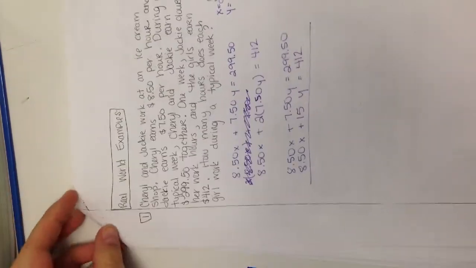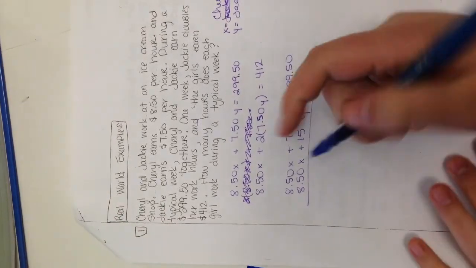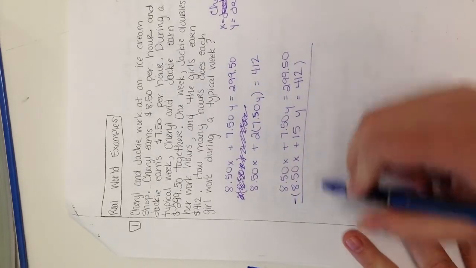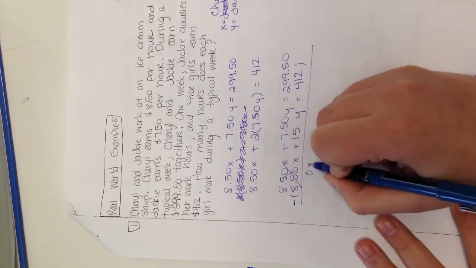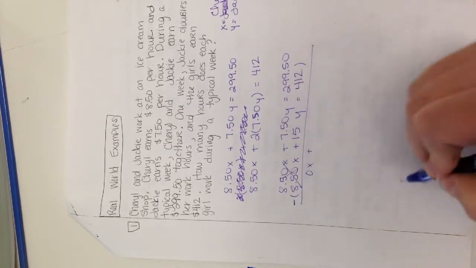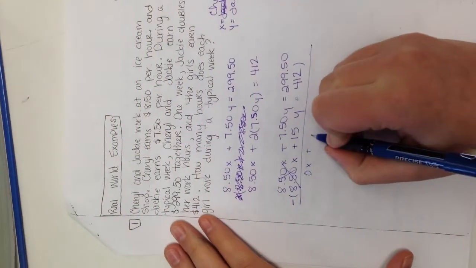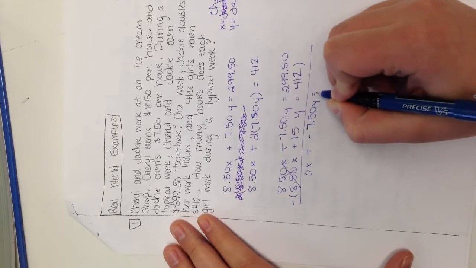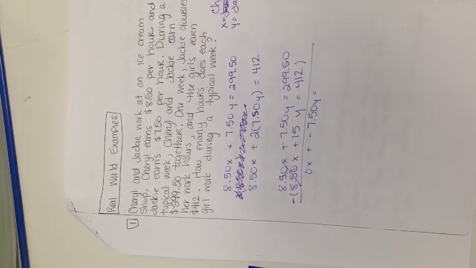So we're eliminating, but I know that I have two 8.50s here. They're both positive, so I'm going to end up subtracting. And so I get 8.50 minus 8.50, that's going to give me 0. Plus, now 7.50 minus positive 15y gives me a negative 7.50y equals 299.50 minus 412.